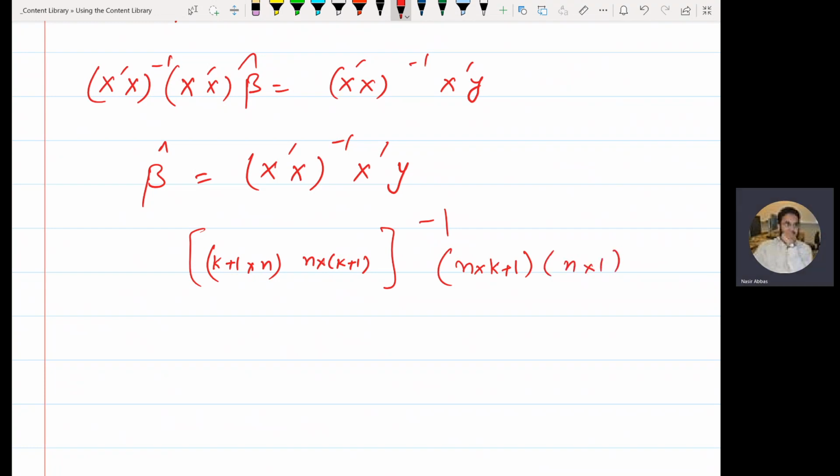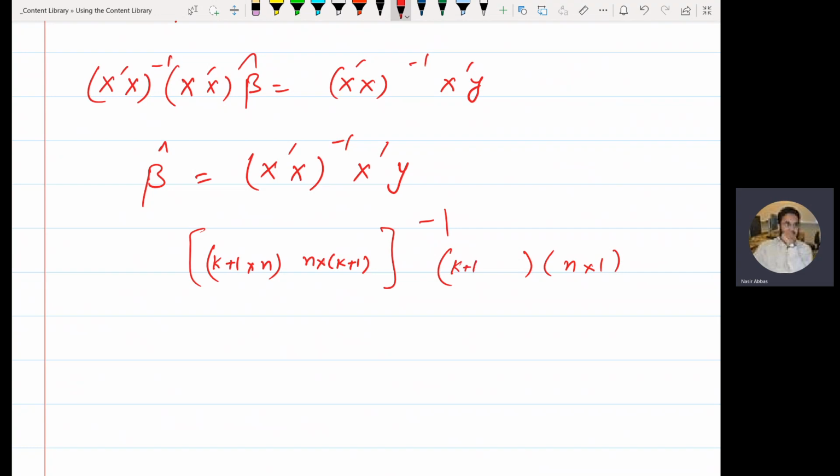N by 1, right? Now, when you multiply these two, the order of x transpose x will be k plus 1 by k plus 1, a symmetric matrix. You take the inverse of a symmetric matrix. What do you get? Same, k plus 1 by k plus 1. Then you multiply it. Can you multiply it? You flip the x.